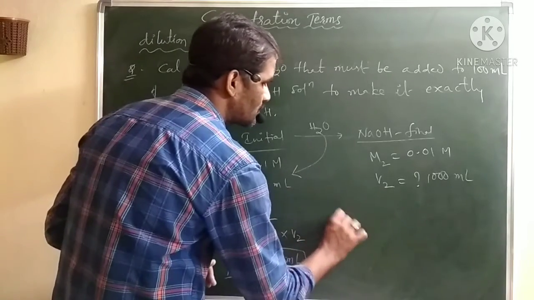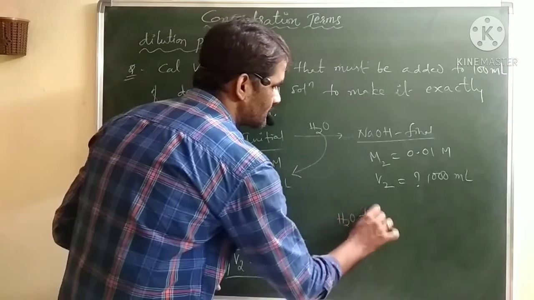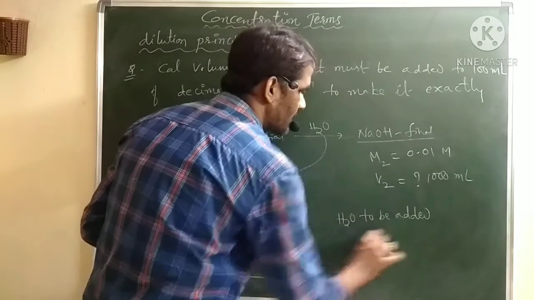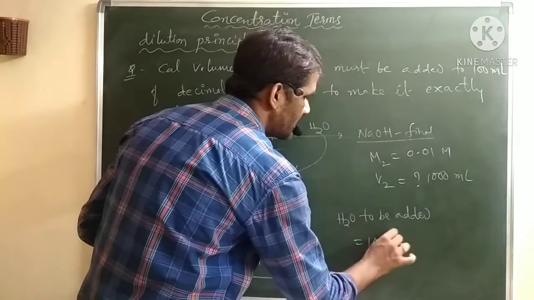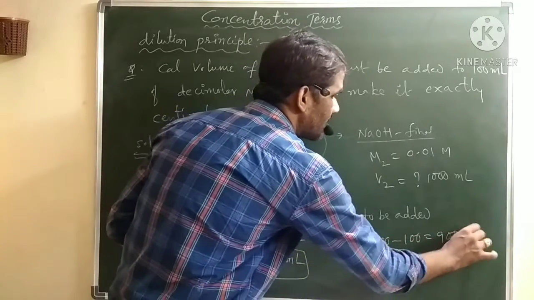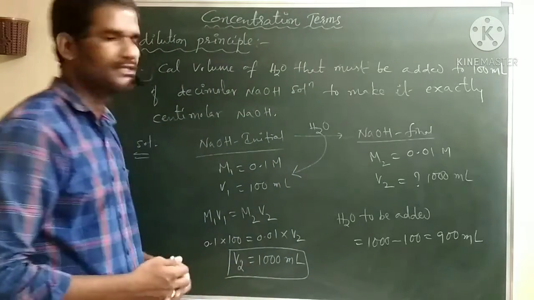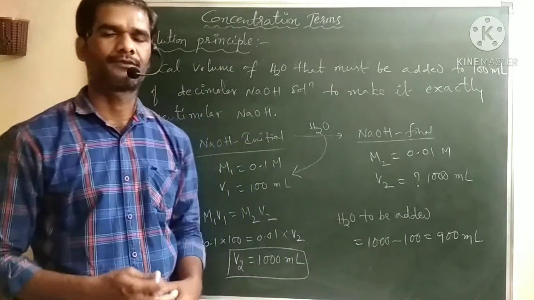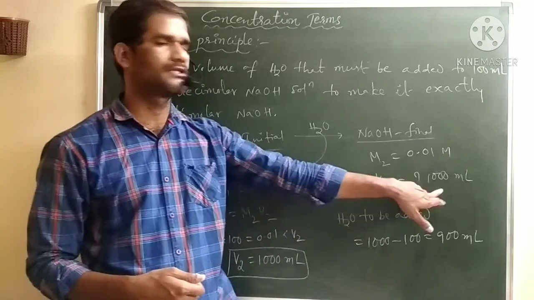So water to be added is equal to 1000 minus 100. That is 900 ml we have to add. This is not 1000 ml, it is 900 ml of water we are adding. If they ask the final volume, it is 1000 ml.